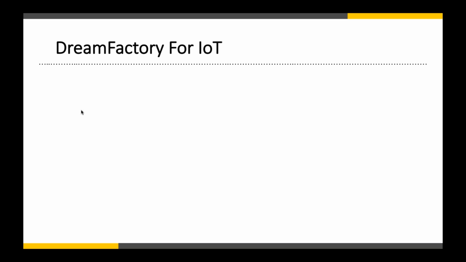So the first thing that we have done to enable developers to use DreamFactory for IoT is to blend MQTT with REST. And this becomes a very, very powerful combination. So DreamFactory now comes with an integrated open source MQTT broker called Mosca. And this instantly gives developers access to the MQTT protocol along with REST.